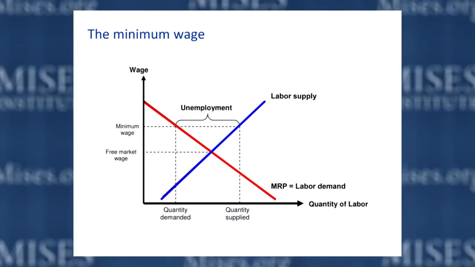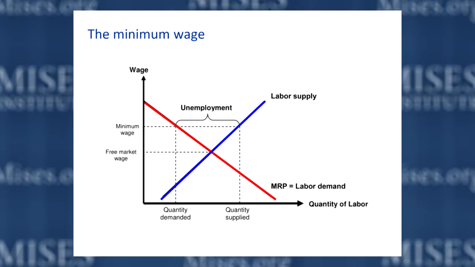correct story, is that if the government sets a minimum wage above the free market wage, above the market clearing wage, that's going to result in an excess supply of labor. So you can see on the diagram there, if the government sets a minimum wage at that higher level, at that price, the quantity supplied of labor, where that dashed line intersects the blue labor supply curve, is a larger quantity than what employers would demand at that price, where that dashed horizontal line hits the red curve.